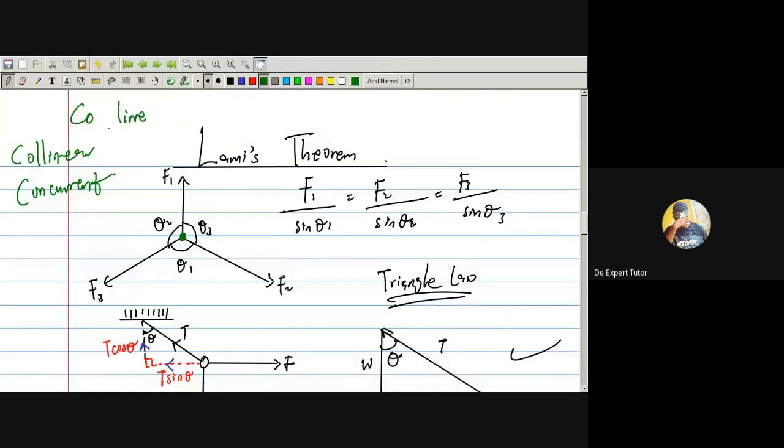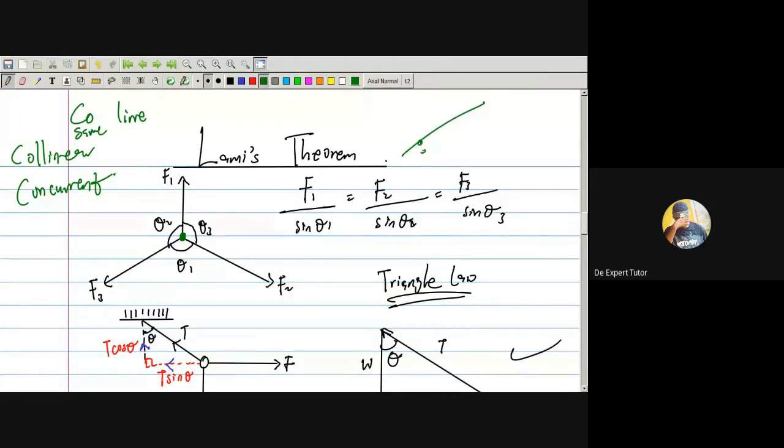This is what we join together to form collinear. So what are collinear forces? Forces on a line, as in on the straight line. That is forces that lie on the same line. Co is same.